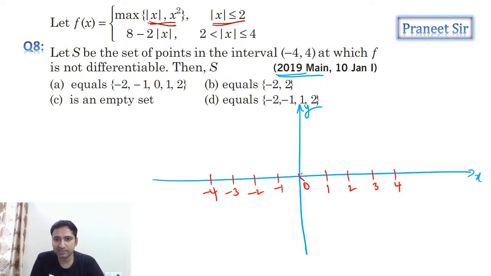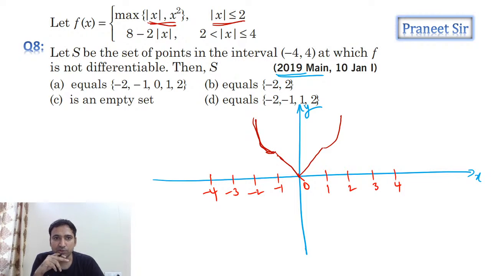From 0 to 1, x is bigger, guys. 0 to 1, x. 1 to 2, x square. Same way, -1 to 0, mod x. From -1 to 2, it is like this. It should be like this.